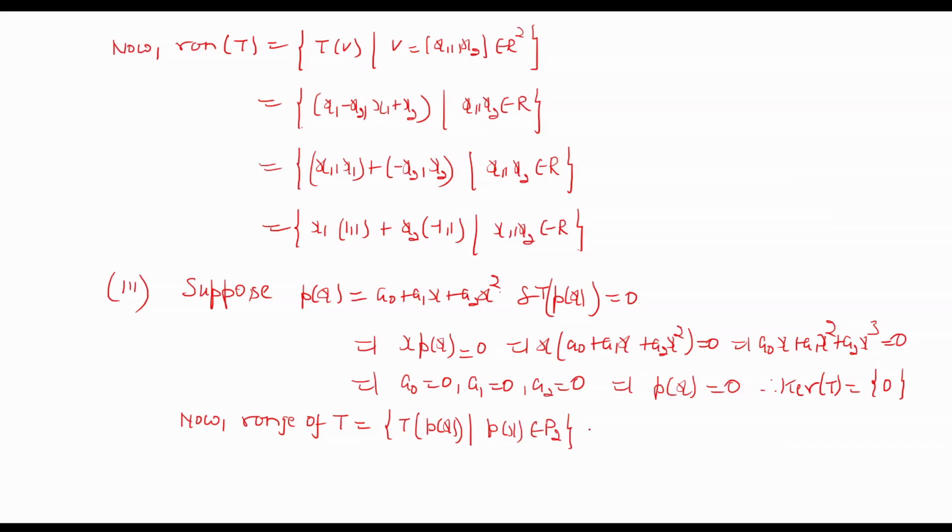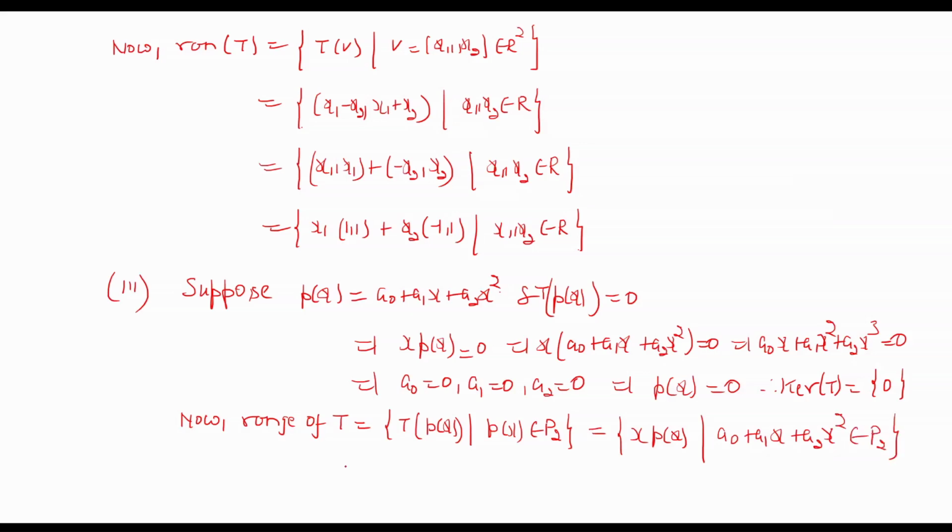T of p of x is x p of x, and the polynomial of degree 2 is a0 plus a1x plus a2x square.